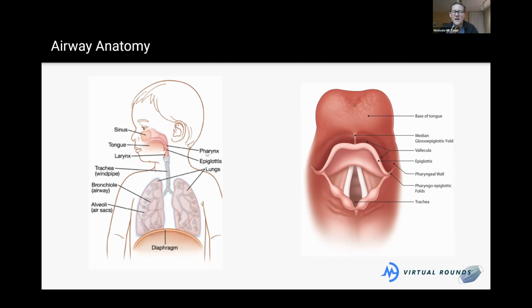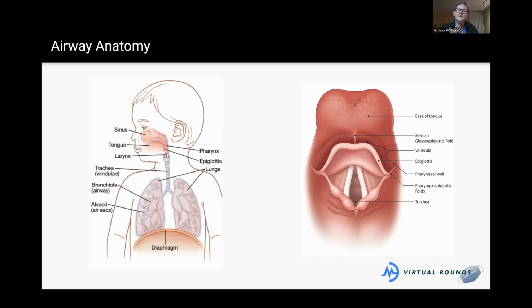The pharynx is the back of the throat in your mouth and nose region, so that's a lot of soft tissue. If you ever have postnasal drip, that can cause pharyngeal irritation, or a pharyngitis. Then the larynx lies right below that, and that's your voice box.